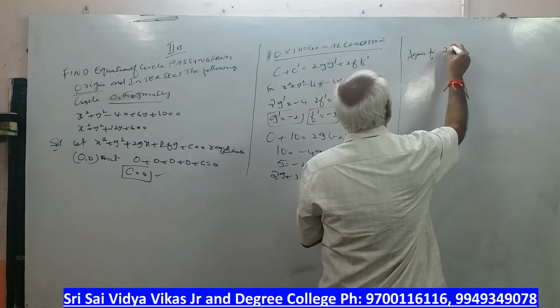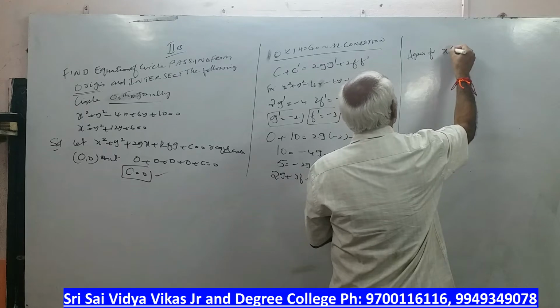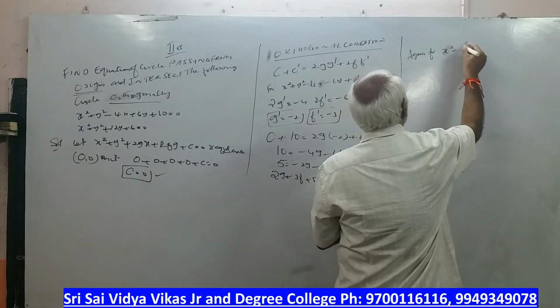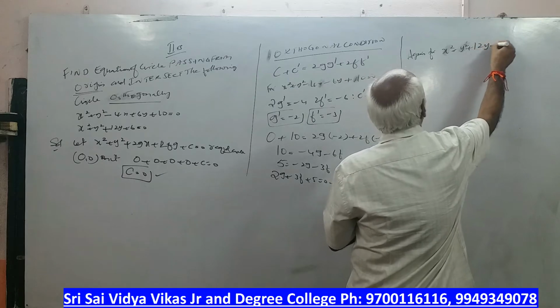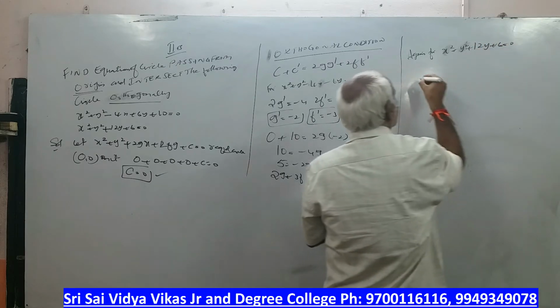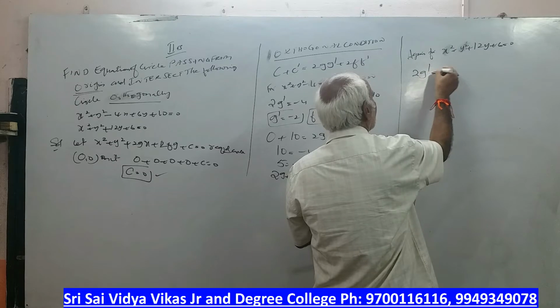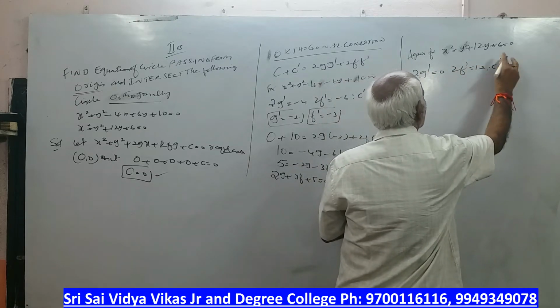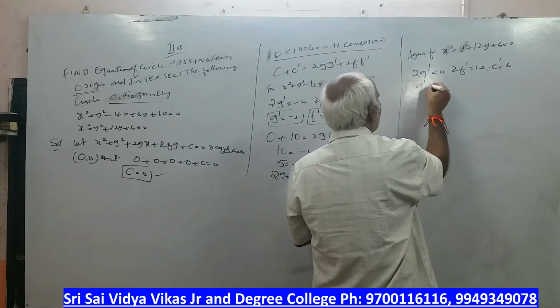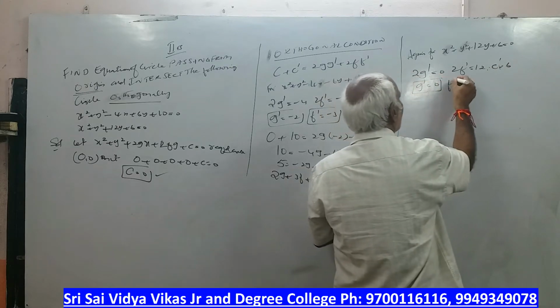Again for x square plus y square plus 12y plus 6 is equal to 0. 2g dash is equal to 0, 2f dash is equal to 12, c dash is equal to 6. So what is g dash? 0. What is f dash? 6.